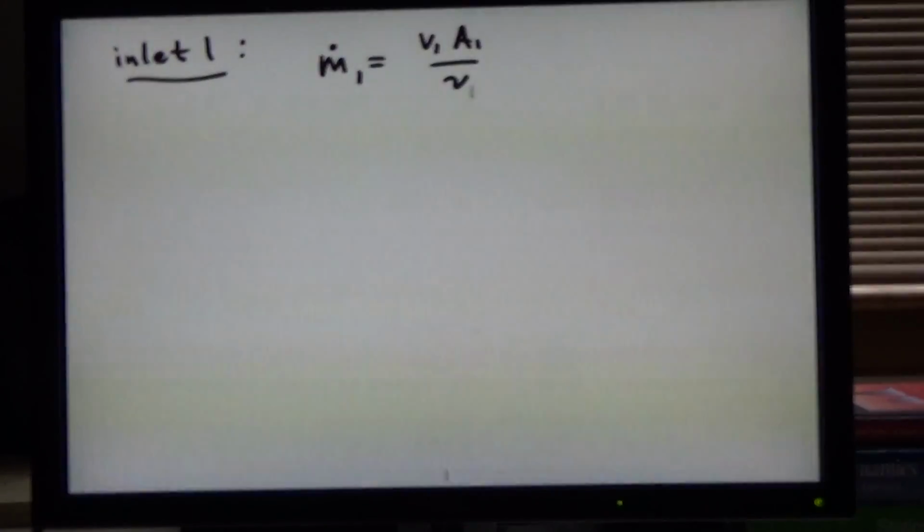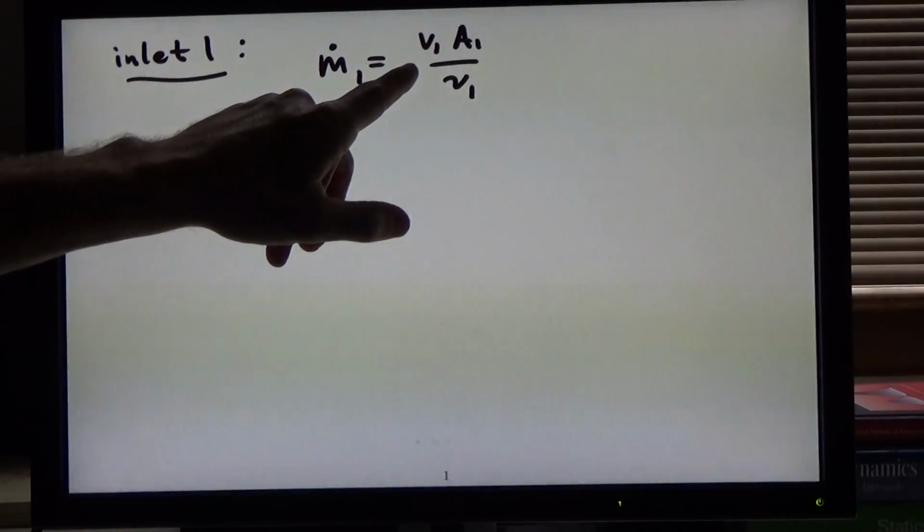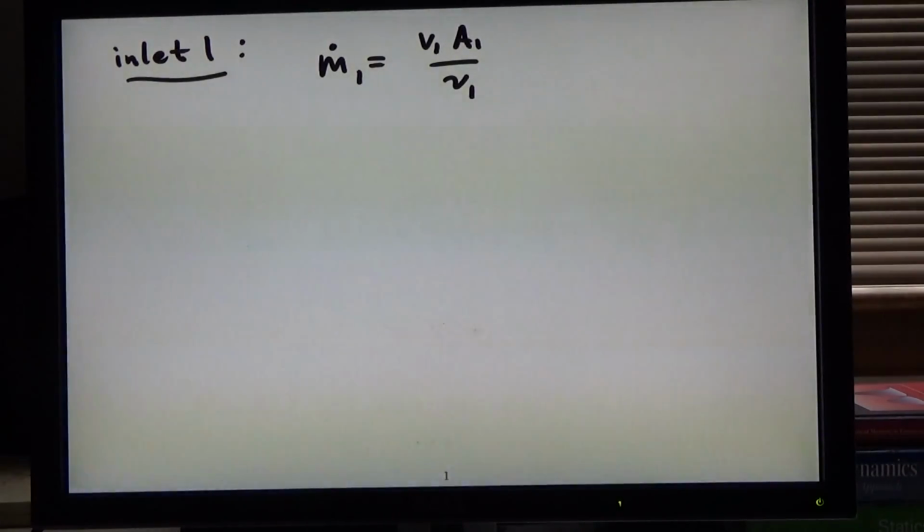Let's just look at inlet number 1. If we write our equation, mass flow rate 1 is equal to V1 A1 divided by specific volume 1.